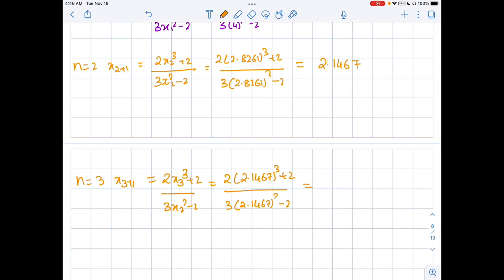So I change it to 2.1467. So it becomes 1.8423.